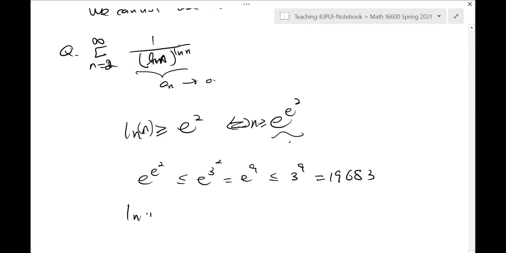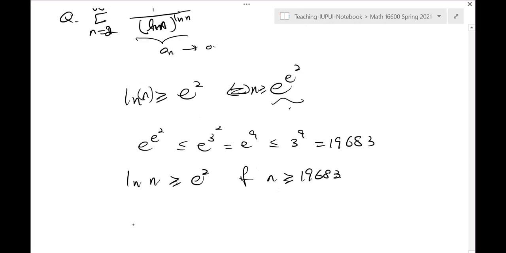So natural log of n is greater than e squared if n is greater than or equal to 19,683. Then natural log of n, you will know why I have to put the square there.